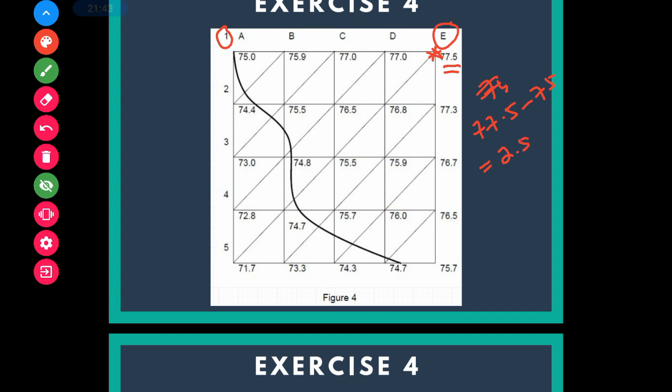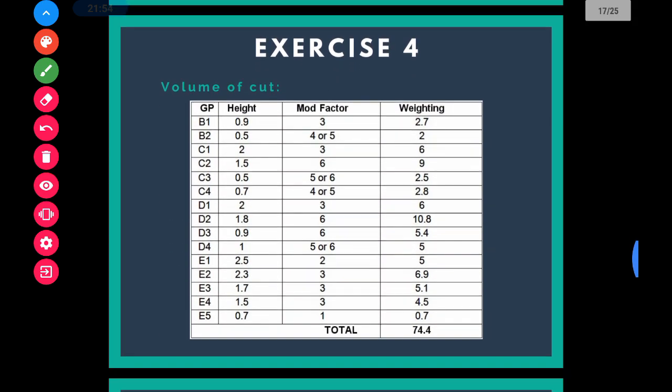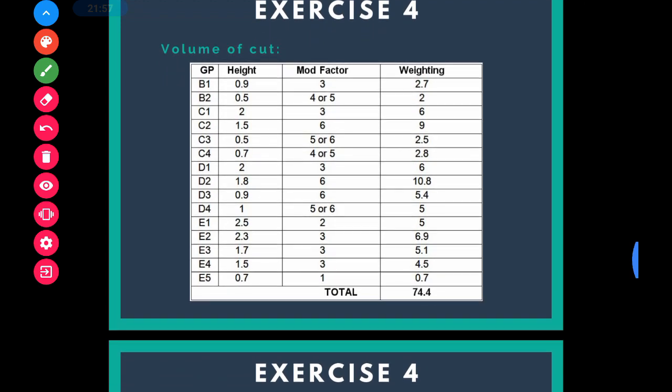For the mode factor, you will have 1 and 2 triangles. So for GP E1, the height is 2.5 and the mode factor is 2, so you will get your weighting. That is for the cut. The rest you may be able to solve on your own.